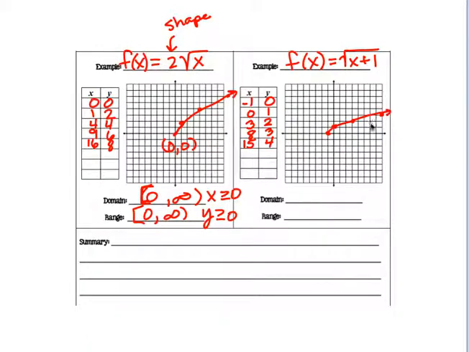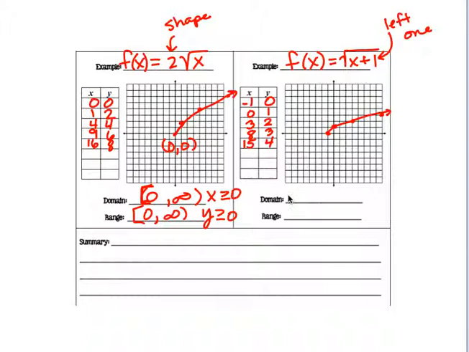So basically, it's just like the parent function. It hasn't changed shape like the previous one, but it's been shifted to the left 1. So that number inside made it shift left 1. If you have a number underneath the radical, just like with the absolute value, it's going to shift it either right or left, opposite of what you think.